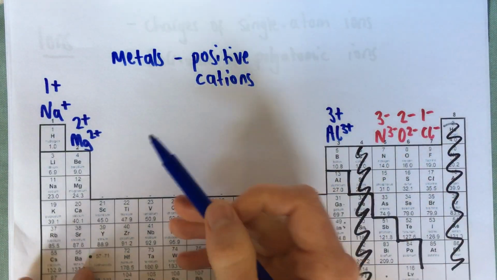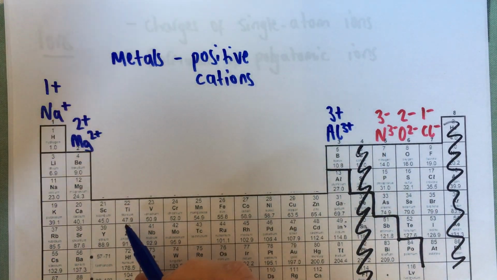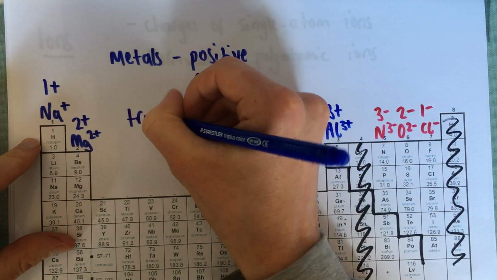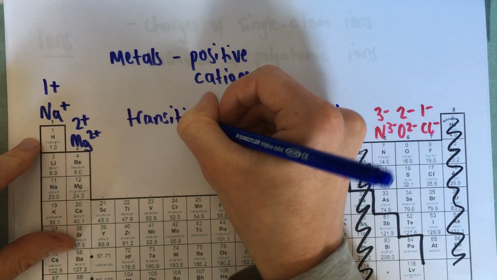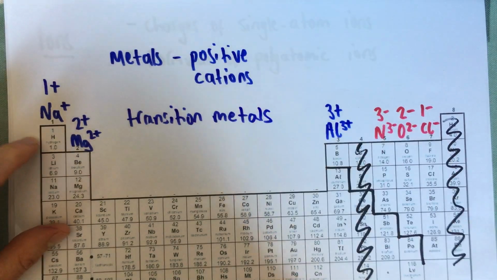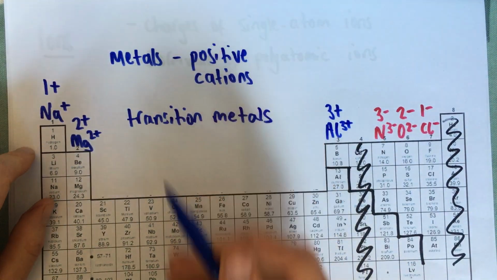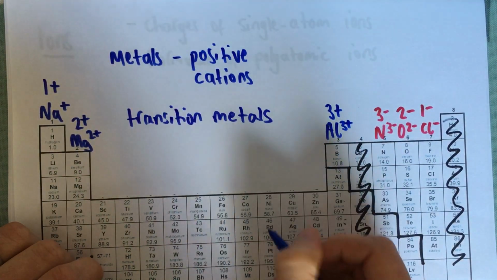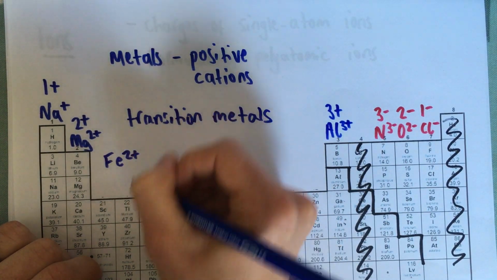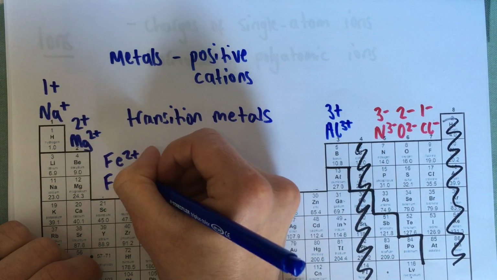Just very briefly, going back to this block here, these are called the transition metals. And the interesting thing about the transition metals is they can form ions with different positive charges. They are metals, so they will have positive charges. So for example, iron, Fe, could be Fe2+, and it can also make Fe3+.